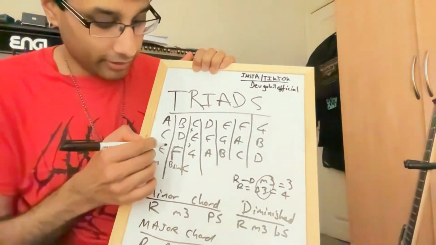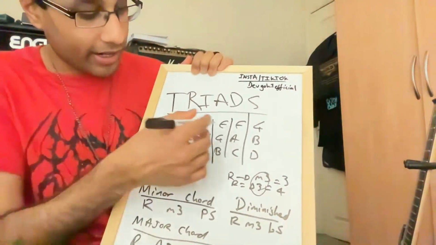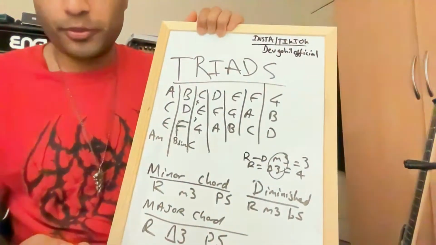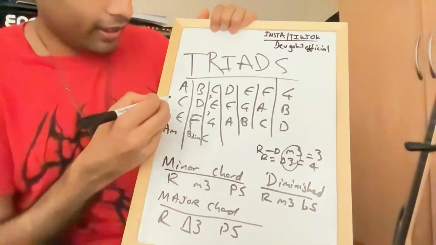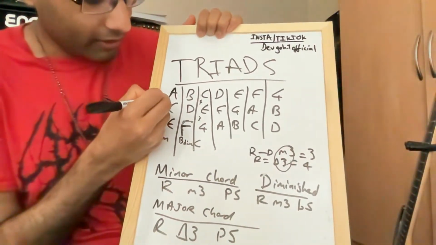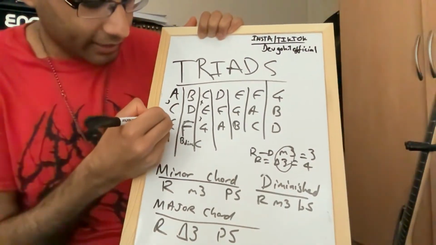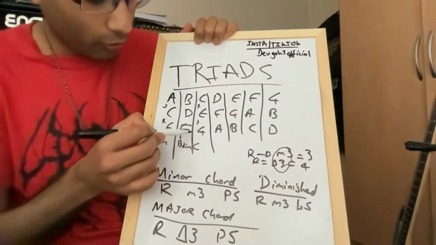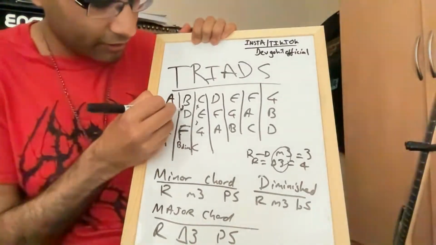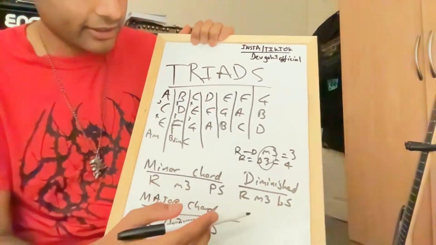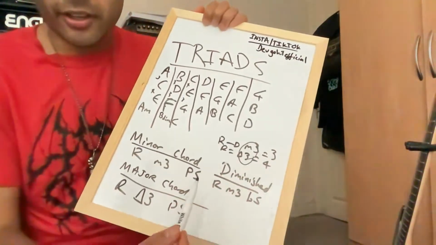We can use the information that we have already. This is where it gets super easy. Remember, A to C is 3 frets and C to E is 4 frets. B to D is 3 frets, D to F is 3 frets. So now we're stacking all of these third intervals.